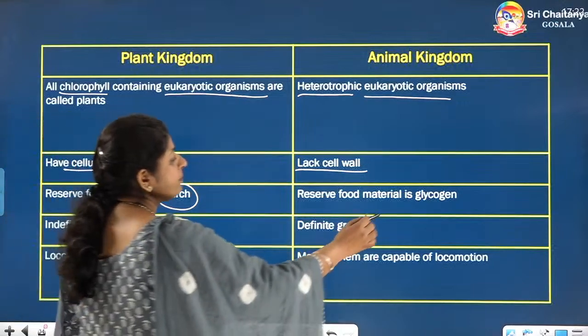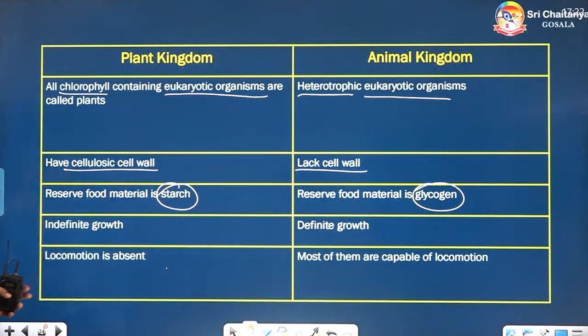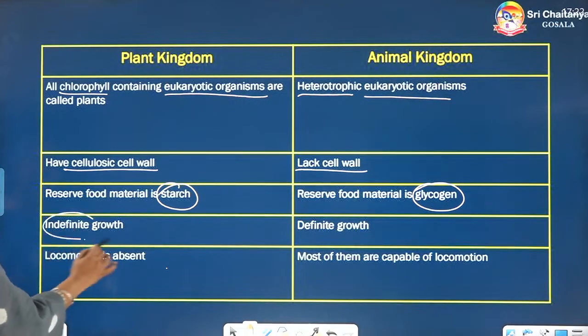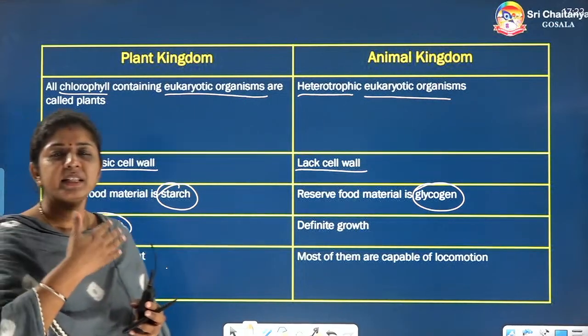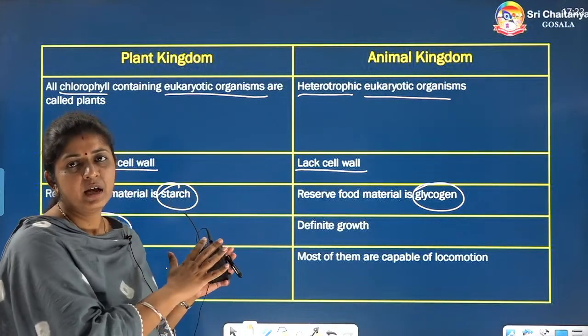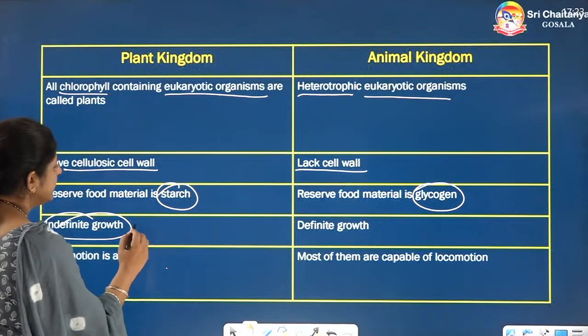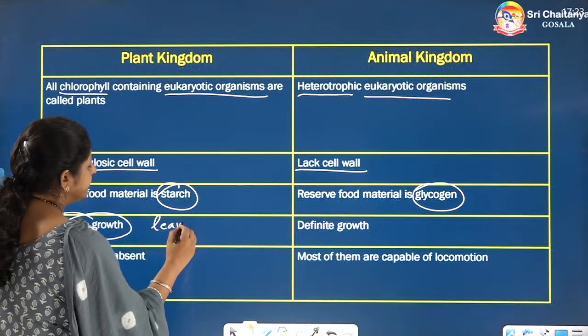Here the reserve food material is what thing? Glycogen, right? Then after this, indefinite growth. Indefinite growth means they keep on growing throughout the life. What is that? Plants. But some specific organs are there. Can I say leaves are there?